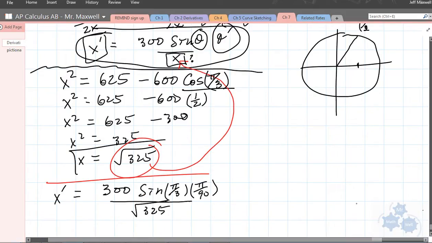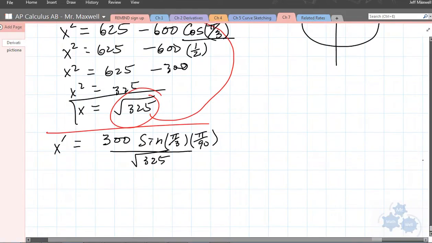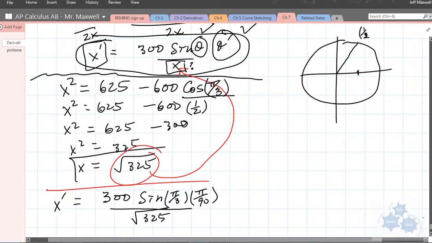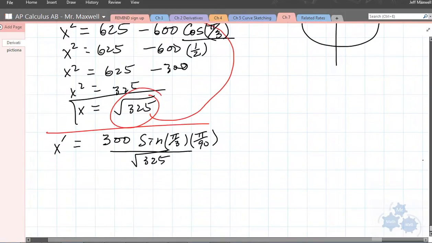All right, so here I filled in all the values. And of course, theta is pi over 3. The rate of change of theta, theta prime, is pi over 90. That was given in the question. And this root 325 is what we calculated x to be at that point. So you can just plug all this into your calculator and get a decimal answer.